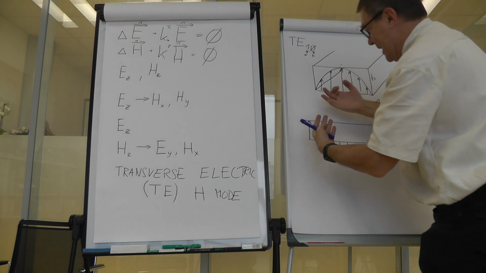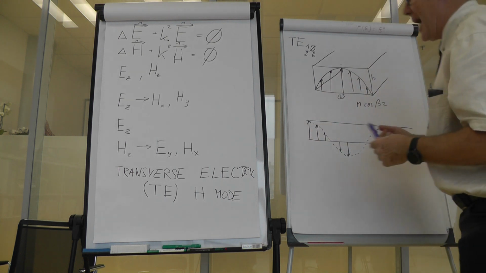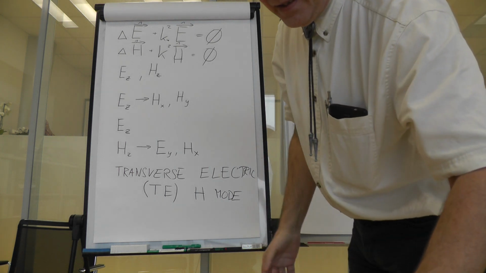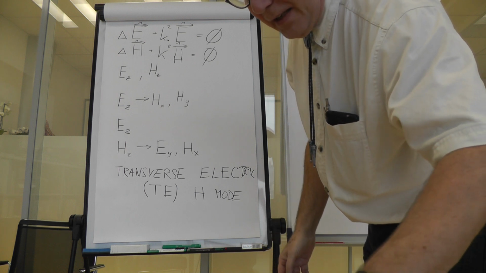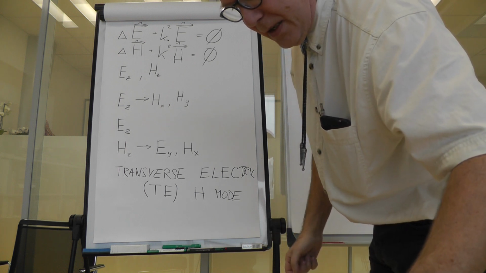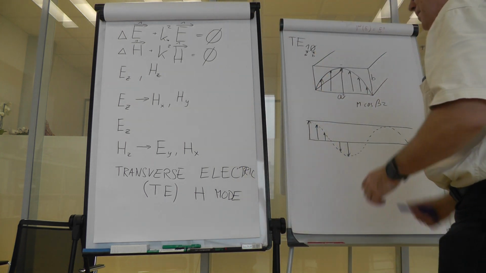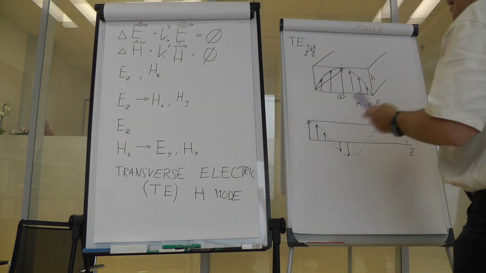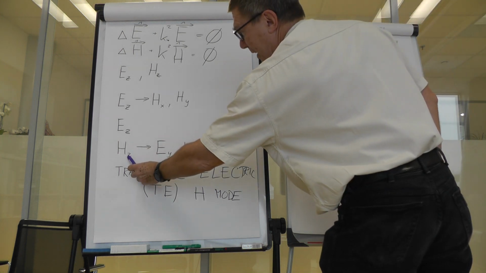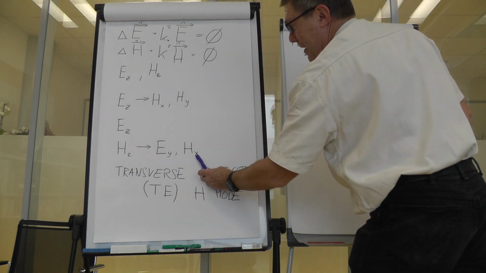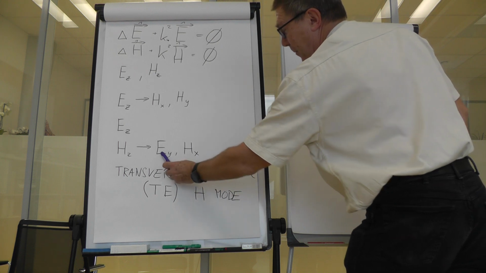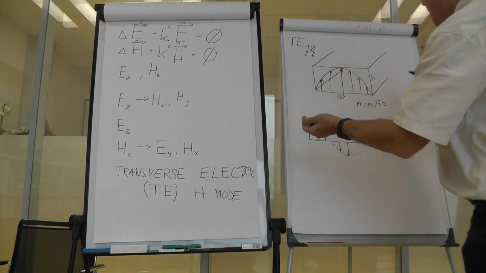But that's not the whole. There is also a magnetic field inside the waveguide. And this transverse electric mode has 2 components of magnetic fields. In the direction of propagation and perpendicular to the electric field and the direction of propagation, which is the x.